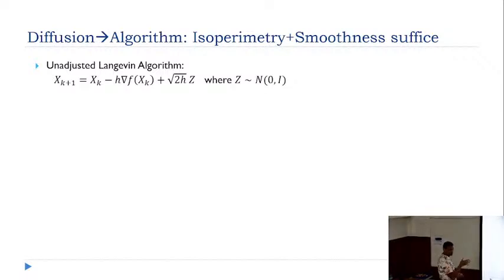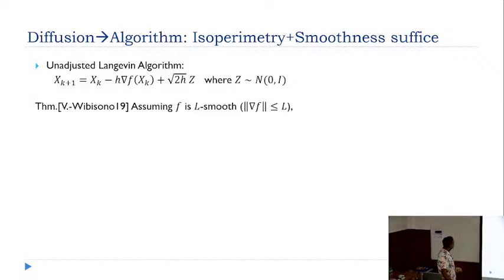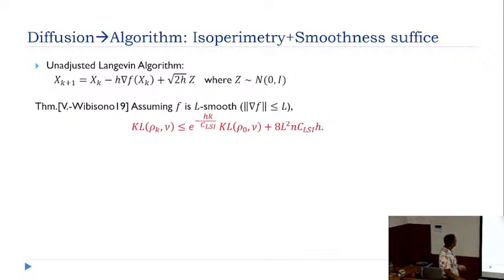As h goes to 0, this will recover the equation that we wrote. And so what we showed in 2019 is that if we need an additional assumption on f, the convex function, that its gradient is bounded, so the function itself is L-smooth, then you get this guarantee.